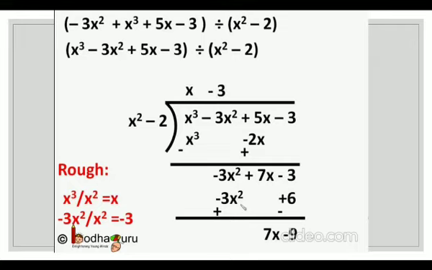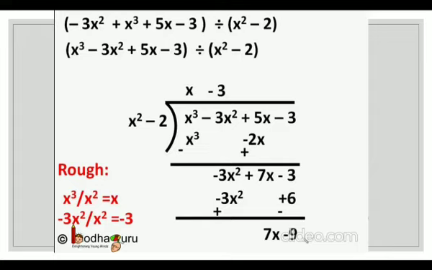Here the remainder is 7x minus 9. So we cannot divide 7x minus 9 by x square minus 2. That is, the degree of the remainder is lesser than the degree of the divisor. So division stops here. So x minus 3 is the quotient and 7x minus 9 is the remainder.